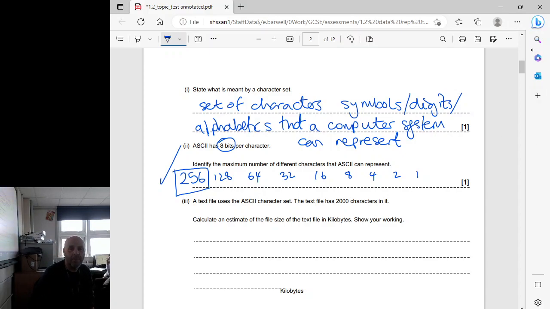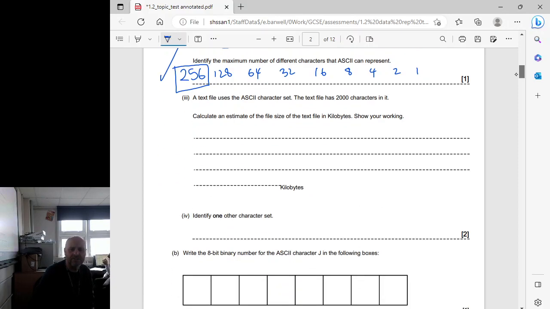Right, okay, the next one. Bit of a mad question, really. A text file uses the ASCII character set, the one that uses 8 bits. So that's a byte. Remember, 8 bits is a byte. It's got 2,000 characters. Calculate an estimate. Whenever we're estimating, or doing kilobytes and megabytes, use 1,000.